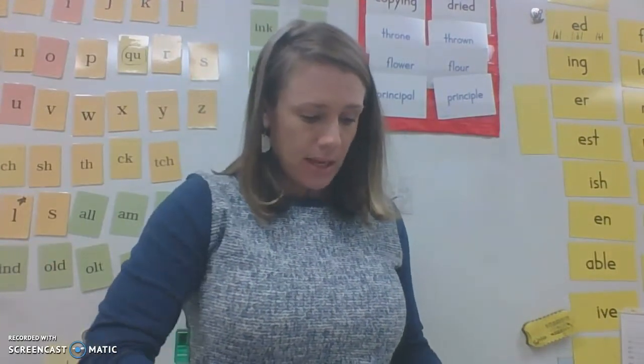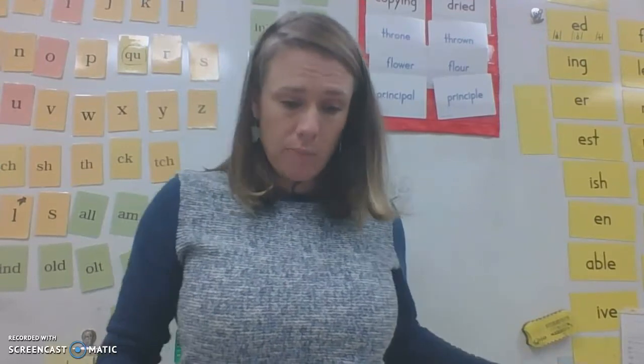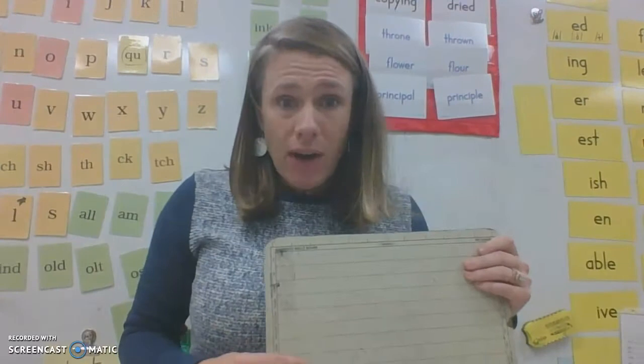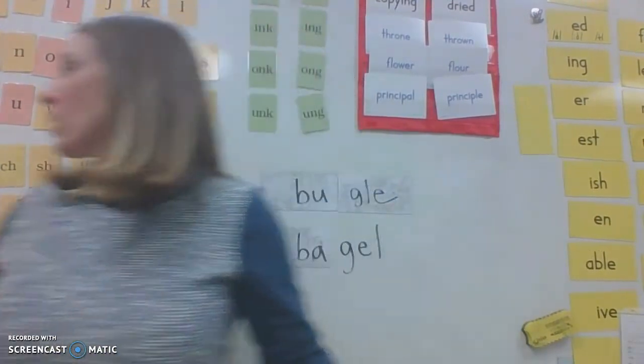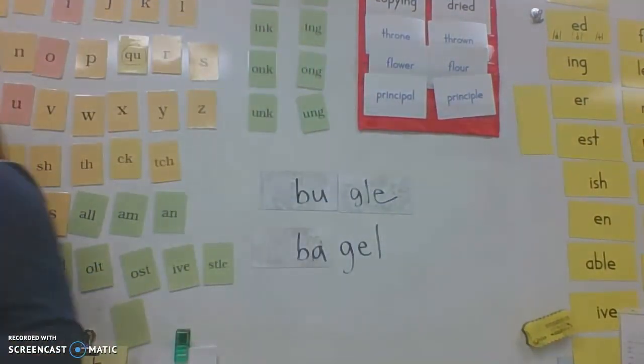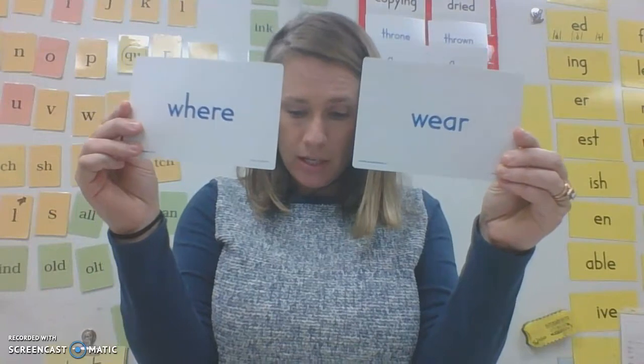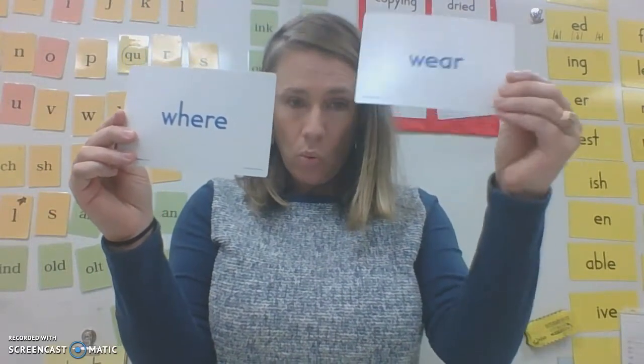Okay, keep those notebooks out because we are going to be learning a couple more pairs of homophones. Let's take a look. We have two new ones here, where and wear.